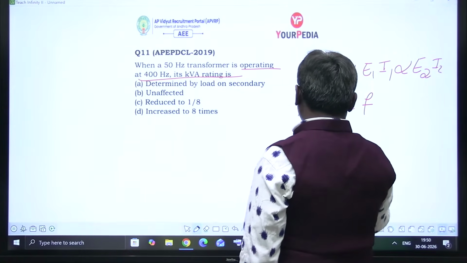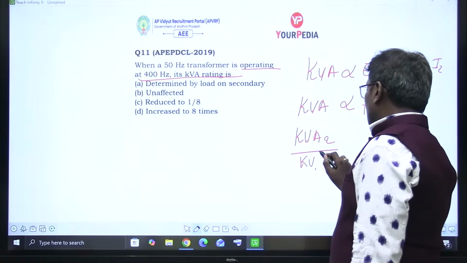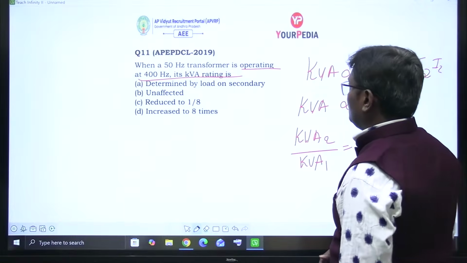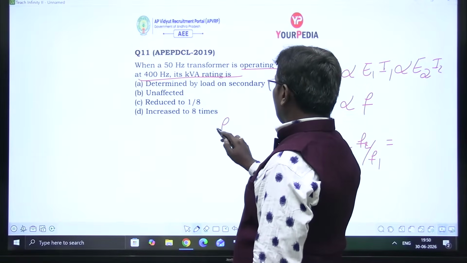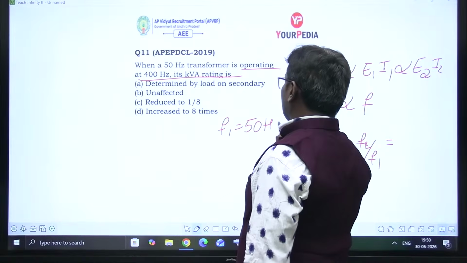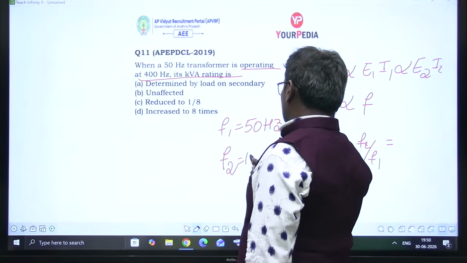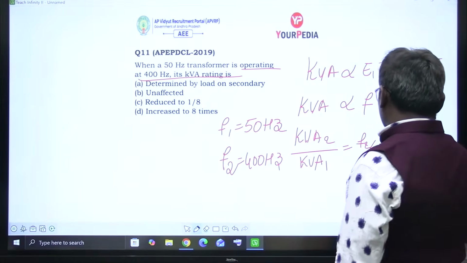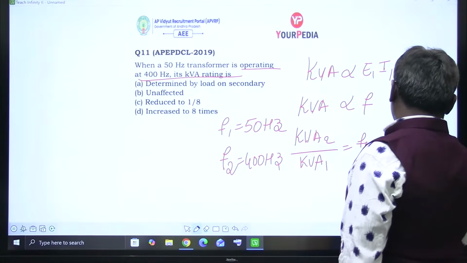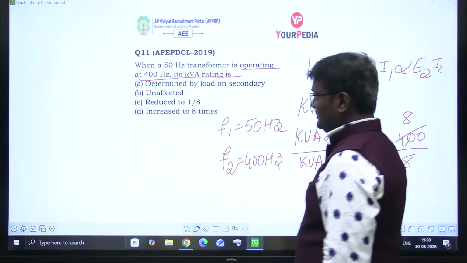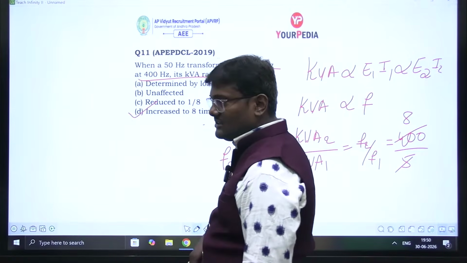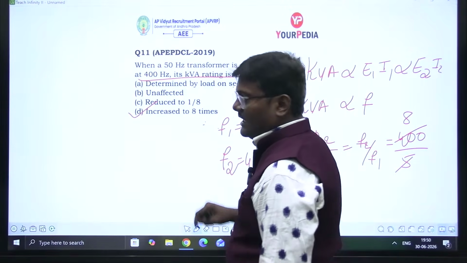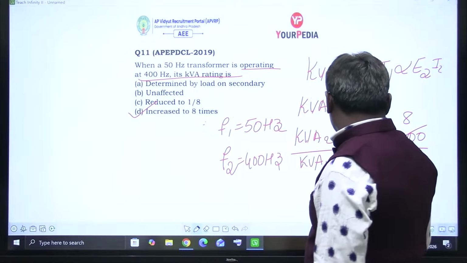So KVA 2 by KVA 1 is equal to F2 by F1. F1 is 50 Hz, but F2 is 400 Hz. So 400 by 50, that is 8 times. It increases to 8 times. D option is correct.